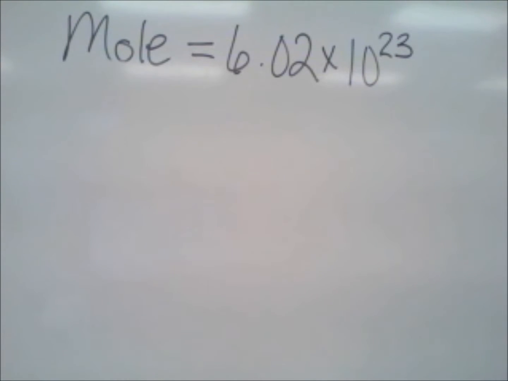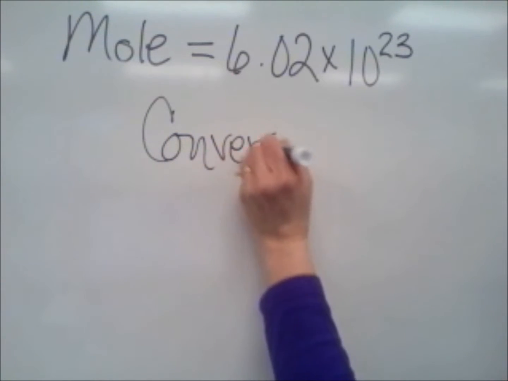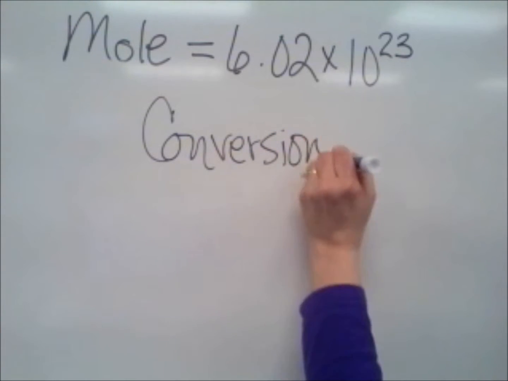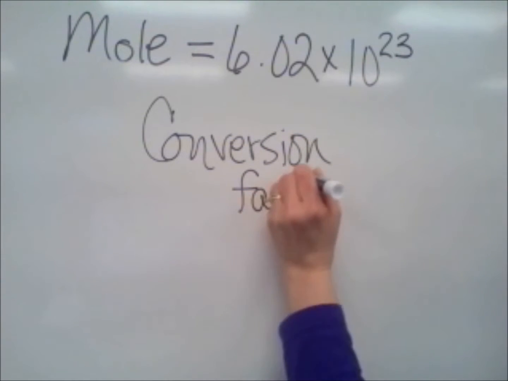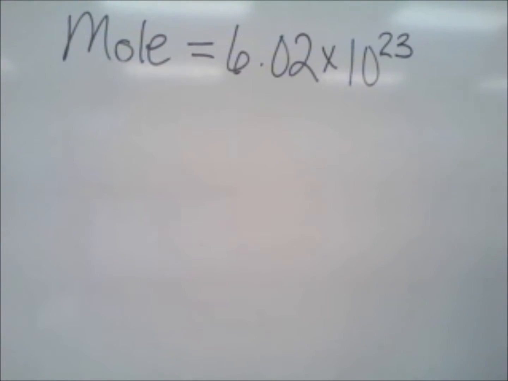So how are we going to use the mole in chemistry? Well, we're actually going to use the mole as a conversion factor. If you recall from earlier in the year, when we did dimensional analysis, we used conversion factors to take units such as grams and turn them into milligrams. We're going to do the same thing with the mole. So what is it exactly that we are going to be converting?